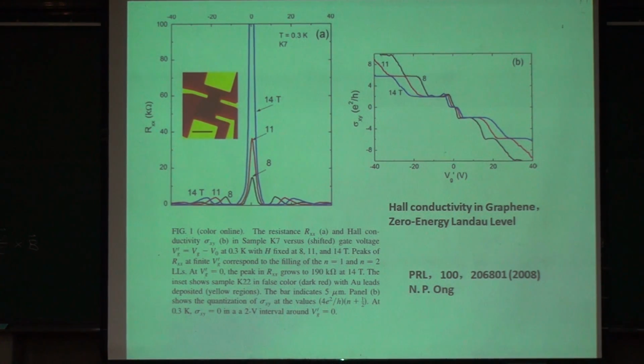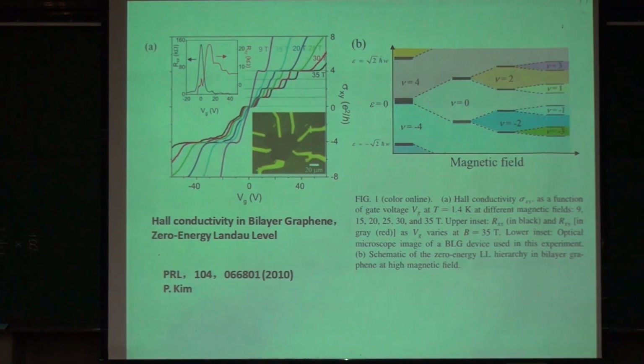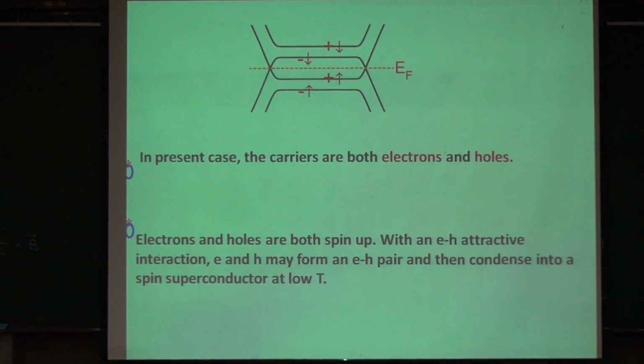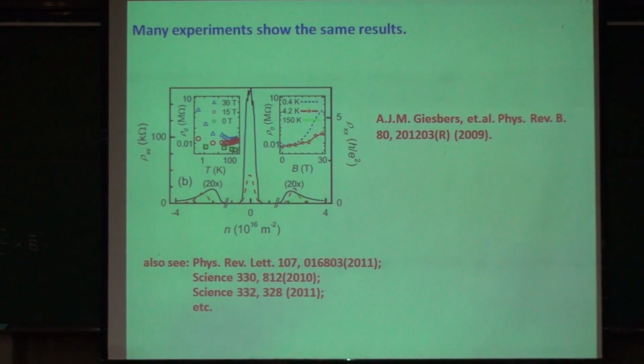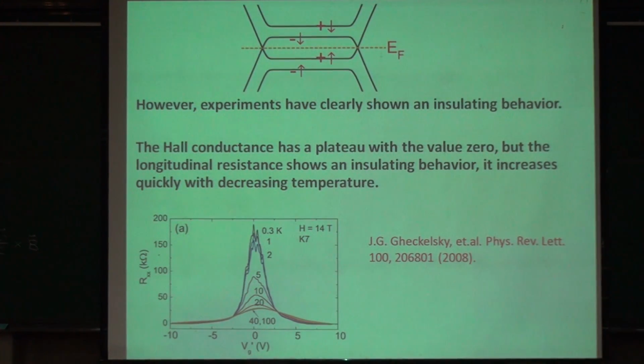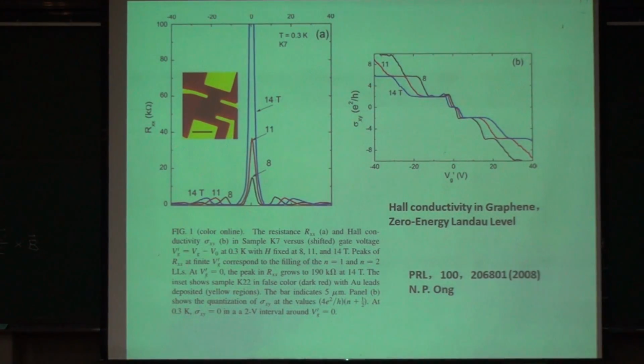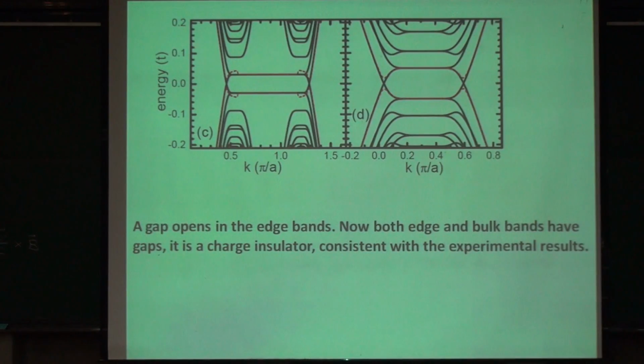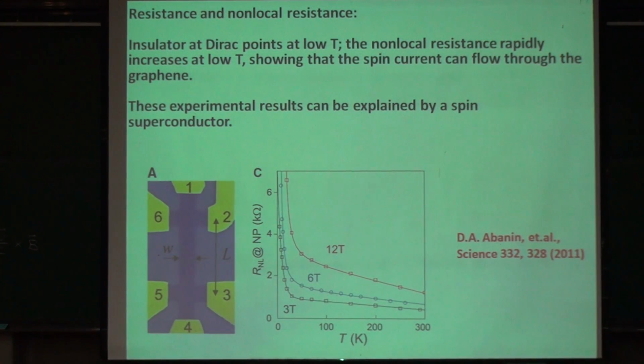Different groups have done other experiments. They also did a non-local resistance measurement on this system. At the small neutral point where you see the plateau, the non-local resistance is not 0.